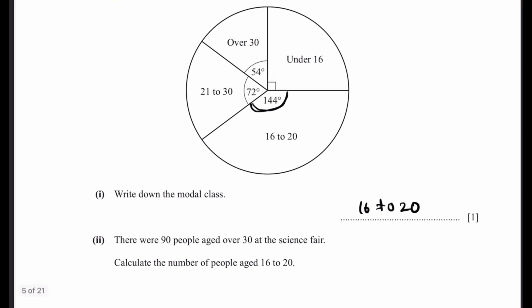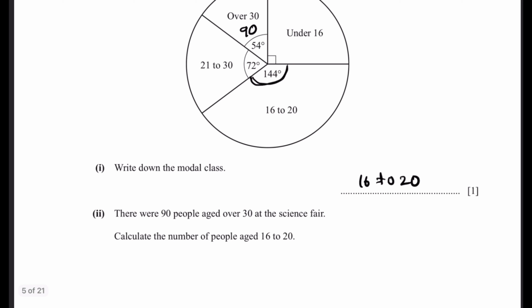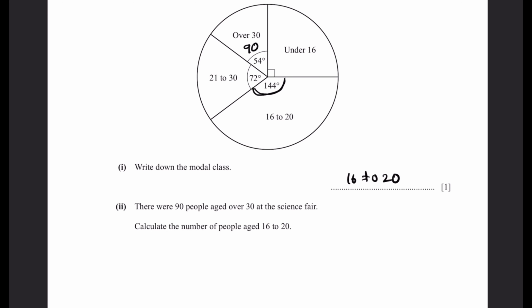Now, there were 90 people aged over 30 at the science fair. So this 54 degrees indicates 90 people. We need to find out about age 16 to 20, that is, 144 degrees. Since 54 degrees indicates 90 people, 1 degree indicates 90 by 54.